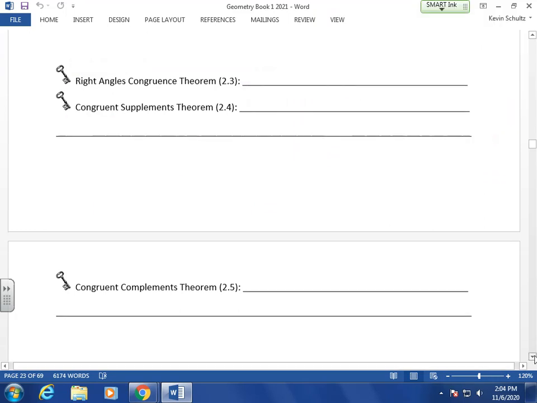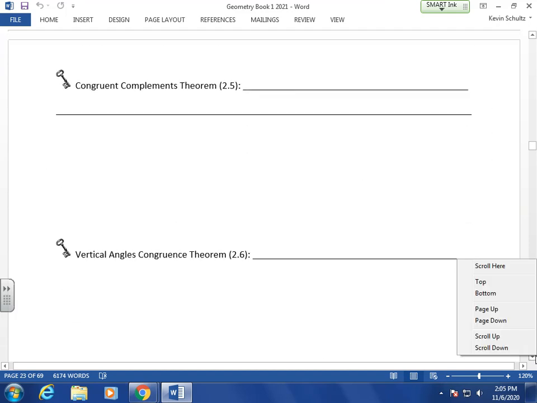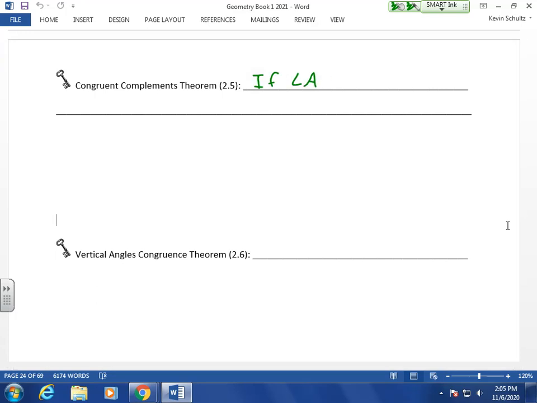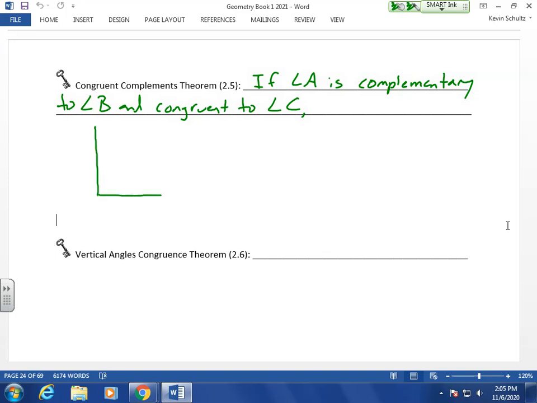All right, that's okay. The second page, congruent complements theorem is going to be very similar to the congruent supplements theorem, only with complementary angles. So if angle A is complementary to angle B and congruent to angle C. So in this case now we've got complementary angles. So we got a right angle here.